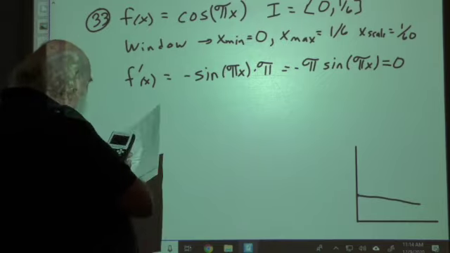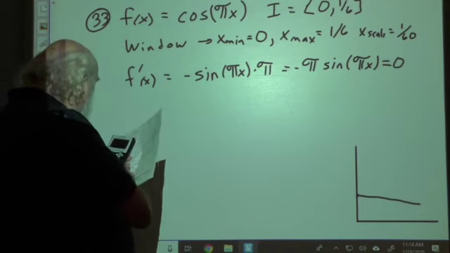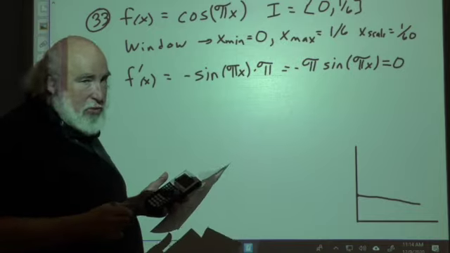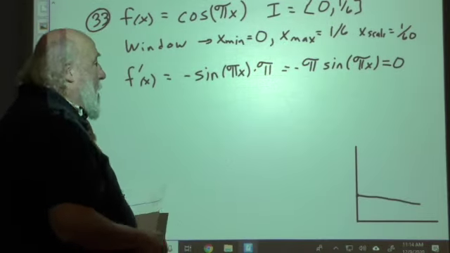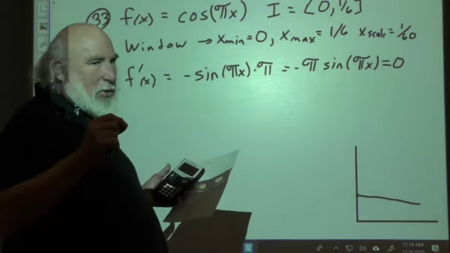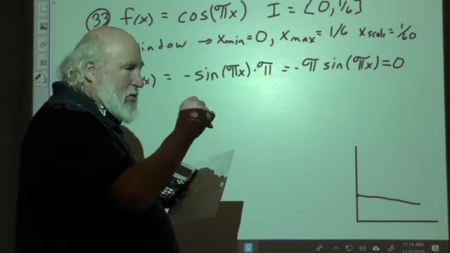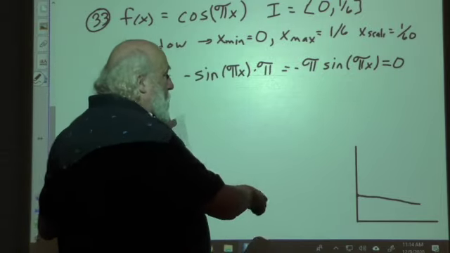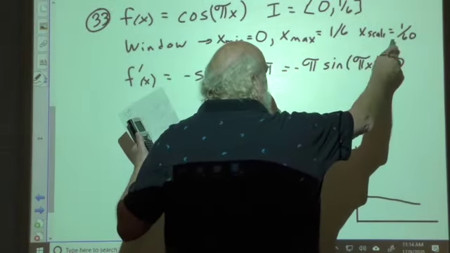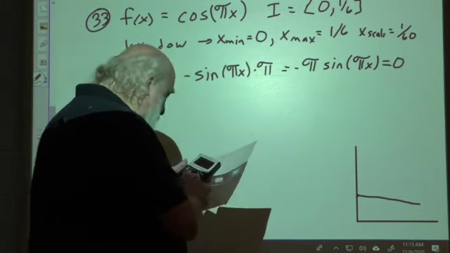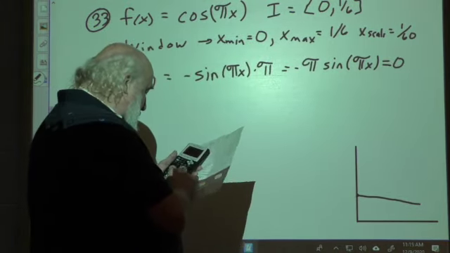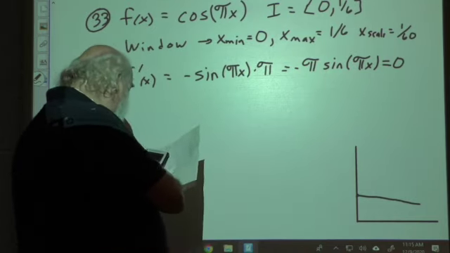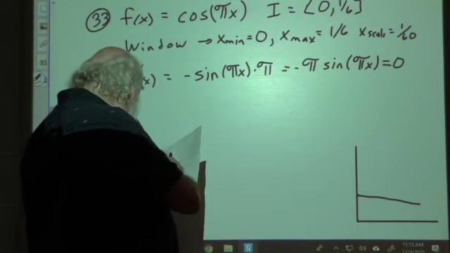We're going to put 1 divided by 6 for x maximum, and when we hit enter, you'll notice it gives you the decimal form of it, which is good. Now I want to see 10 divisions from the beginning to end. If you divide 1/6 by 10, you get 1/60th. So for your x scale, put 1 divided by 60. You can leave everything else alone, and then hit graph.